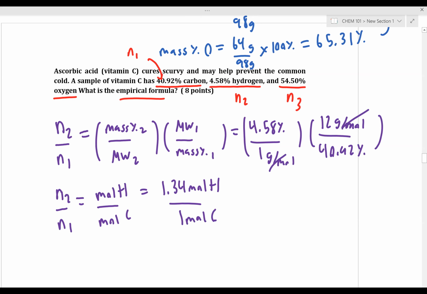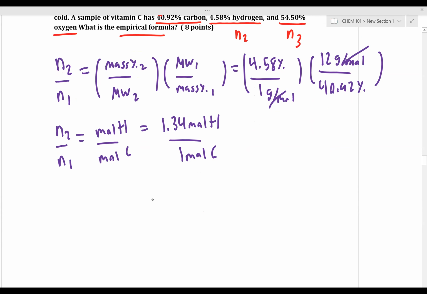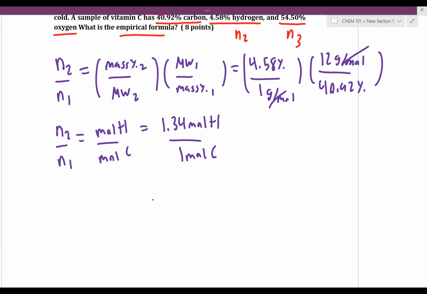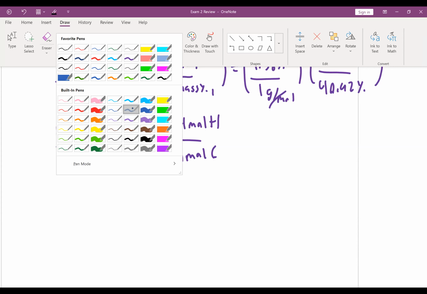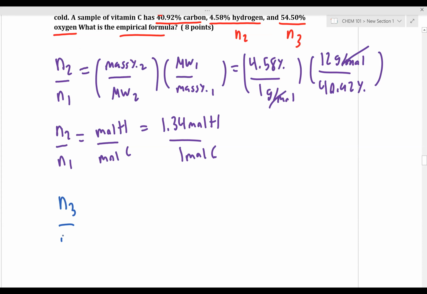We'll leave this one alone for now. Let's calculate our second mole ratio. Again, your mole ratio should always be with respect to the same element. So if we have the mole ratio with respect to the moles of carbon, which is N1, we should keep that consistent.